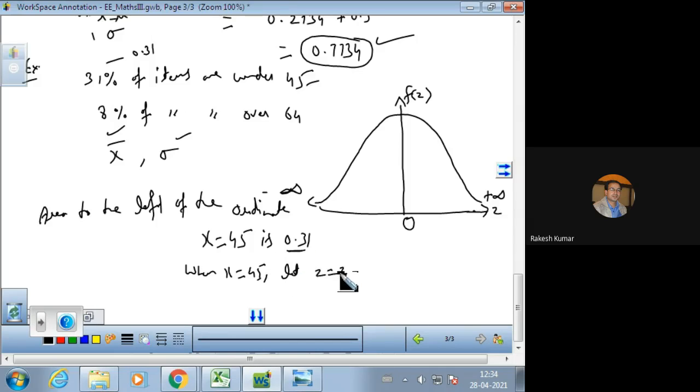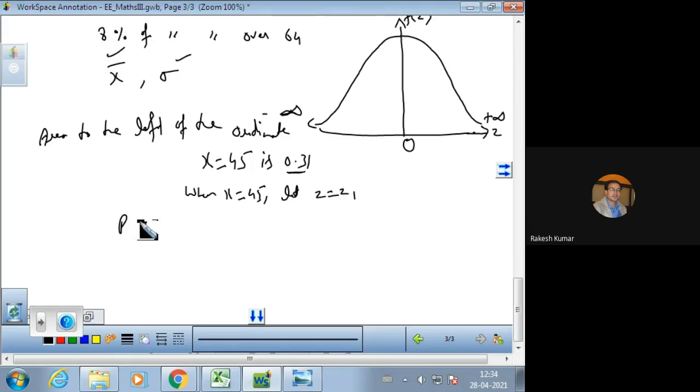So let z be assumed as z1. And what does it mean? It means the probability from z1 to 0 is equal to 0.5 minus 0.31, क्योंकि the area to the left of the ordinate x is equal to 45 is 0.31. Left of the ordinate can be supposed like there.